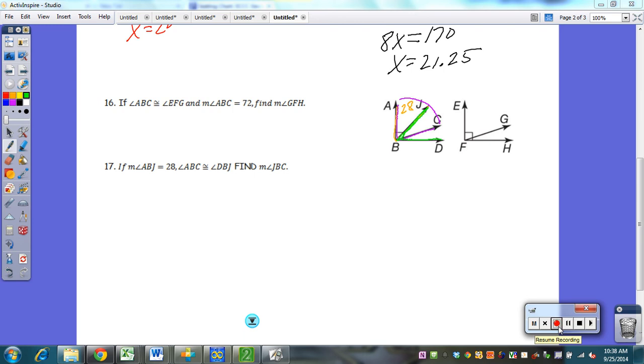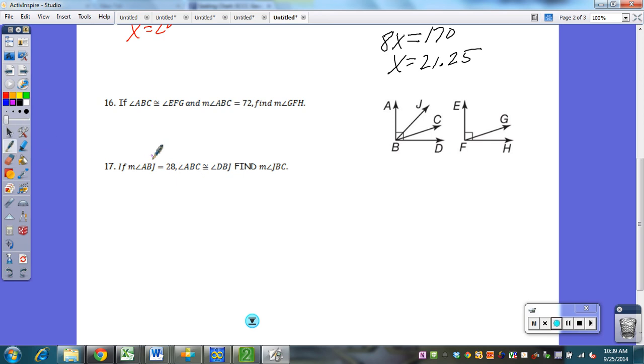If we look at this, this is a little bit unnecessary information. Gonna kind of filter through that, because if ABJ equals 28 degrees, okay, and then we have, hang on one second. Okay, I actually found an error on this right here. I'm going to go back through and do number 17 again, because I wrote something down wrong.